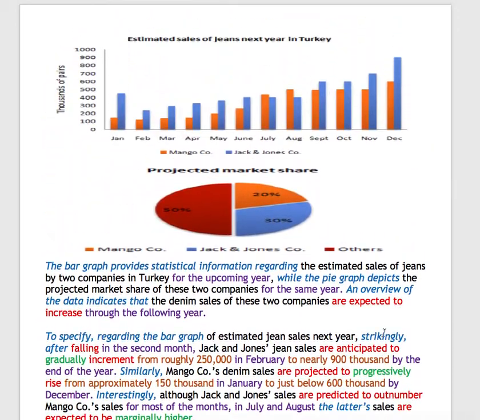So you see, this is what I feel like it's trying to say. Oh, Mango Company and Jack and Jones Company, they sell a lot of jeans, but that's still only half of the market. Okay?